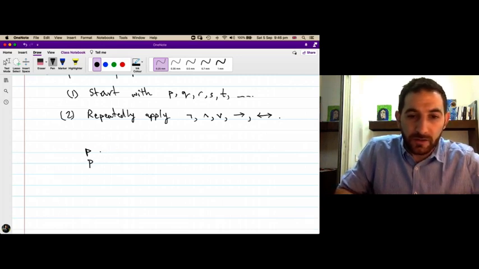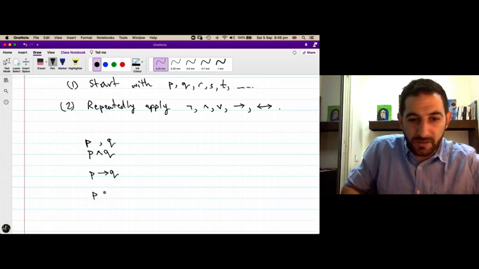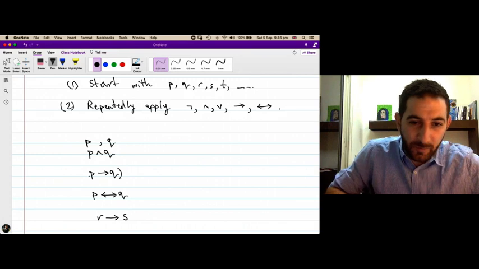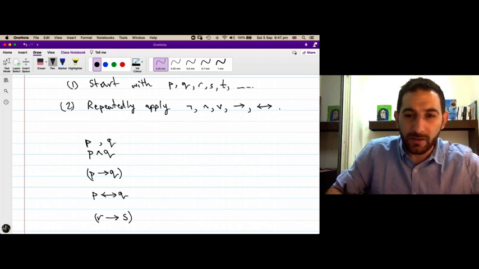So P is a proposition now, and Q as well. Now P and Q is a proposition. Now P implies Q is a proposition, P if and only if Q is a proposition, R implies S is a proposition. Now look, this is a proposition and this is a proposition, so we can connect them with any of these operators.